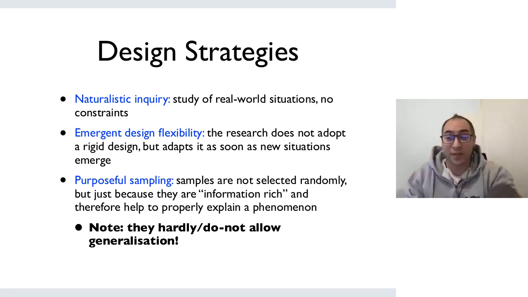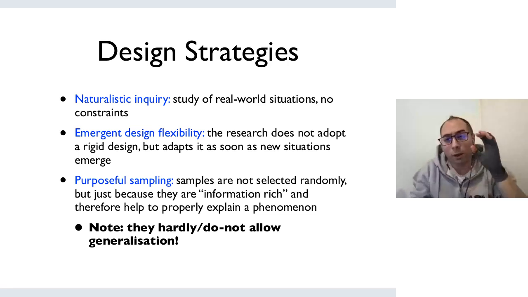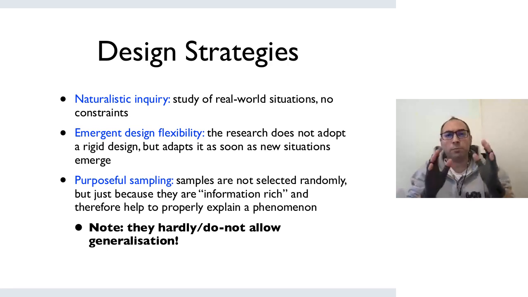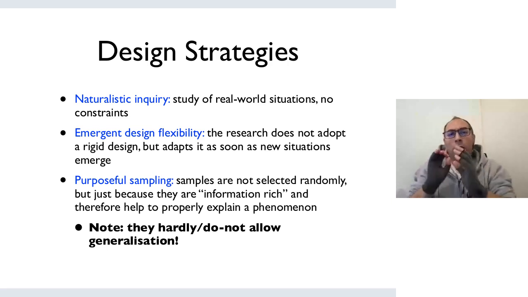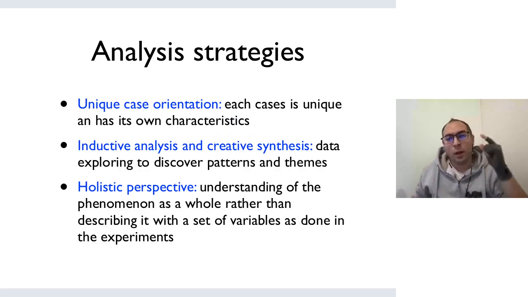There's a few more besides these three, which I'm reporting. These three, from an epistemological point of view, so scientific research philosophy point of view, are the major ones: naturalistic inquiry, emergent design flexibility, purposeful sampling. And I cannot stress enough, they hardly or do not allow generalization.